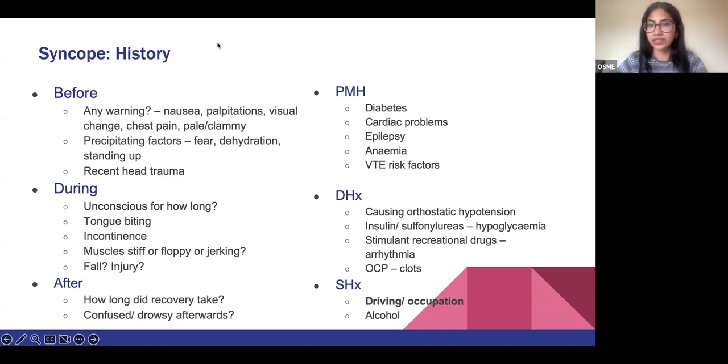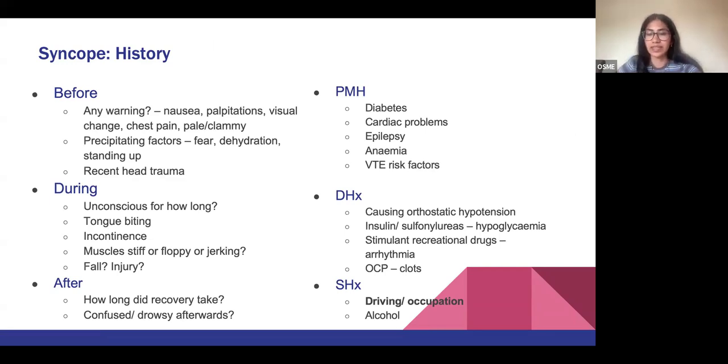Okay, in the past medical history, some key things to ask about are epilepsy, cardiac problems, and diabetes. Diabetes for the orthostatic syncope. Anemia can also cause syncope if you stand up too quickly and you feel dizzy and you fall over. And obviously, we're still thinking about PE as our serious cause, so you want to ask about the VTE risk factors again. The drugs, again, you're not going to ask for these, but if they mention them in the history, then it can point you towards certain diagnoses.